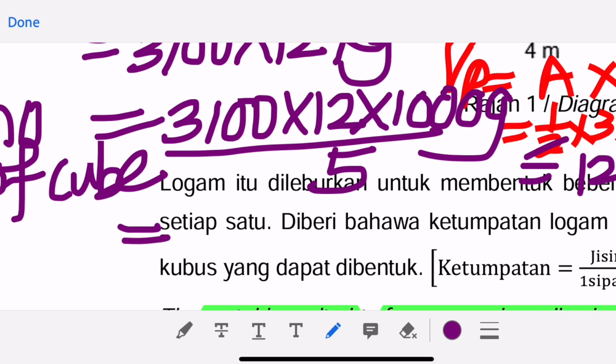If you press a calculator, you can make it into a standard form. I think your calculator can be formatted to standard form, or you can just press 3100 times 12 times 1000, and then you divide by 5. You'll get an answer which is very big.